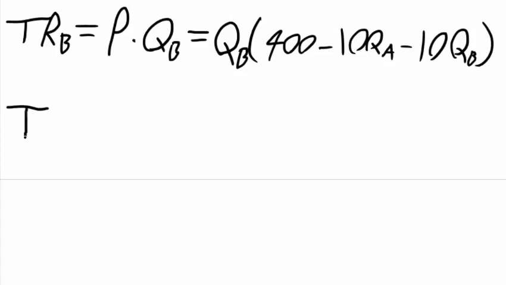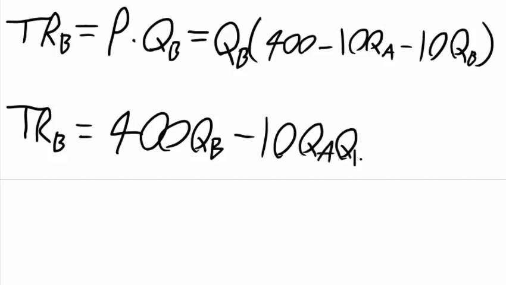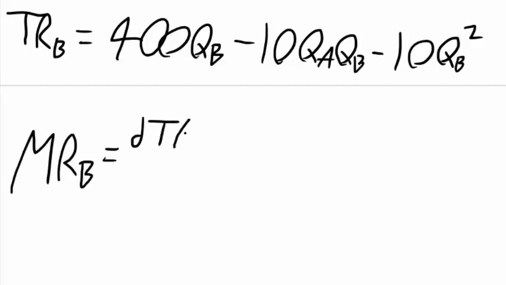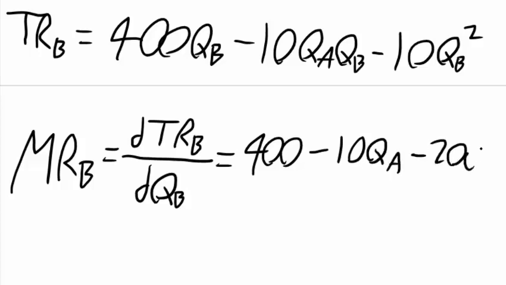If we distribute that, we get a total revenue of B equals 400 QB minus 10 QA QB minus 10 QB squared. And now we can find our marginal revenue of B, found by taking the derivative of the total revenue B function with respect to QB. If we take that derivative, we get 400 minus 10 QA minus 20 QB.